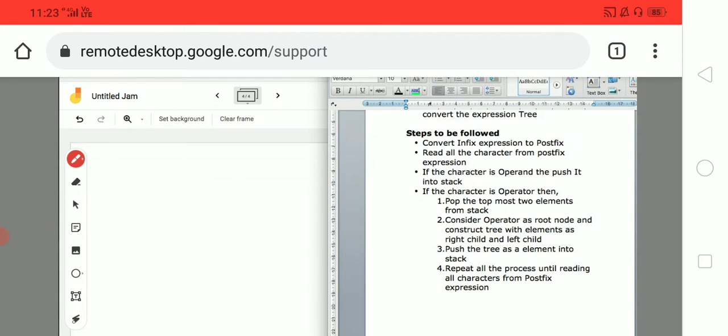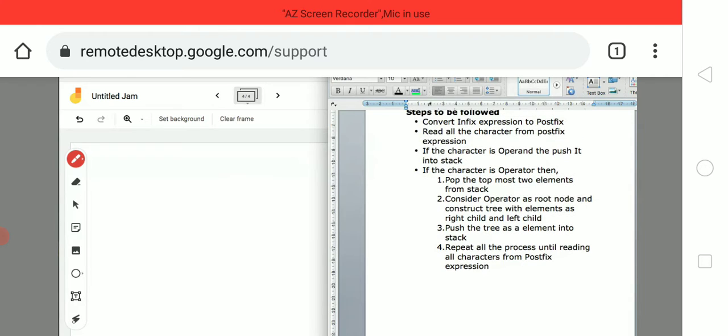So after completion of the above 2 steps, we have to push the created tree as an element into stack. Repeat all the process until reading all expressions from postfix expression. So we have to repeat all the above 3 steps until the expression is completed.